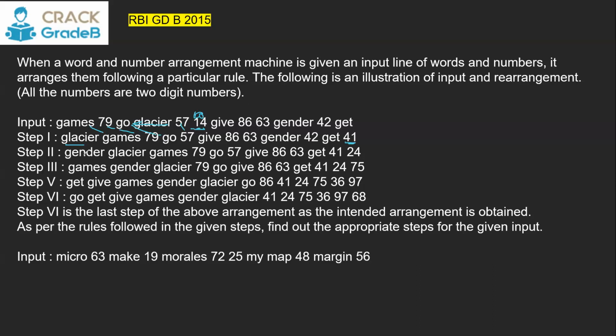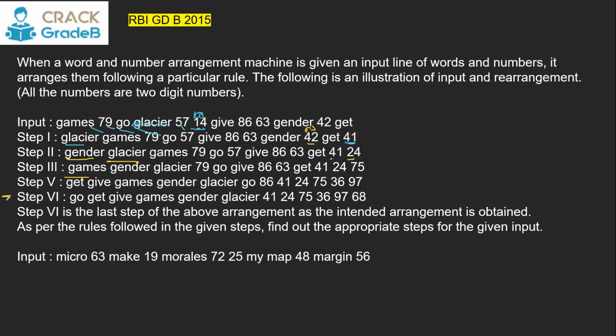Now, in the next move, the gender comes in front of glacier. And in the last place, the second smallest number, which is 42, has gone behind with interchanged digits. Then comes the games in front, and similarly.